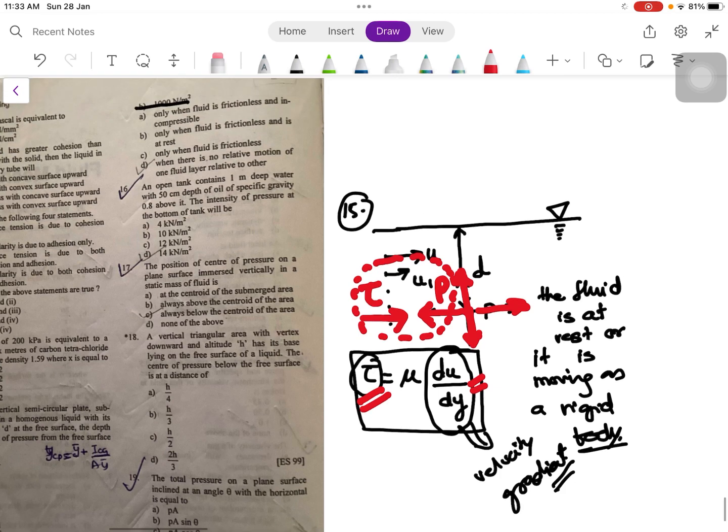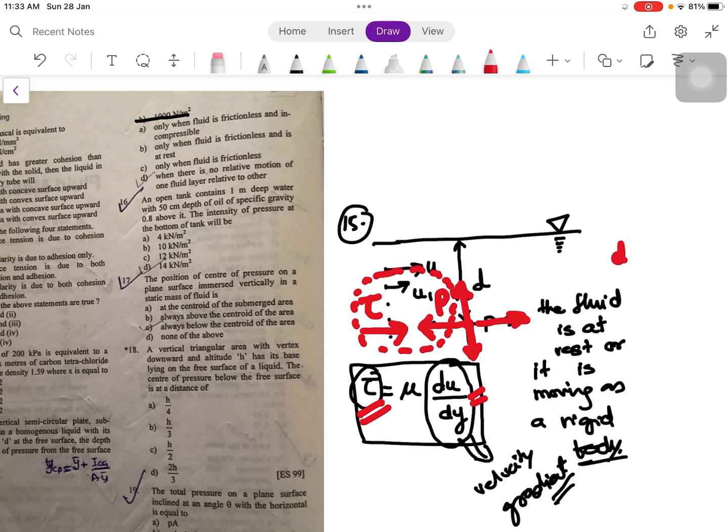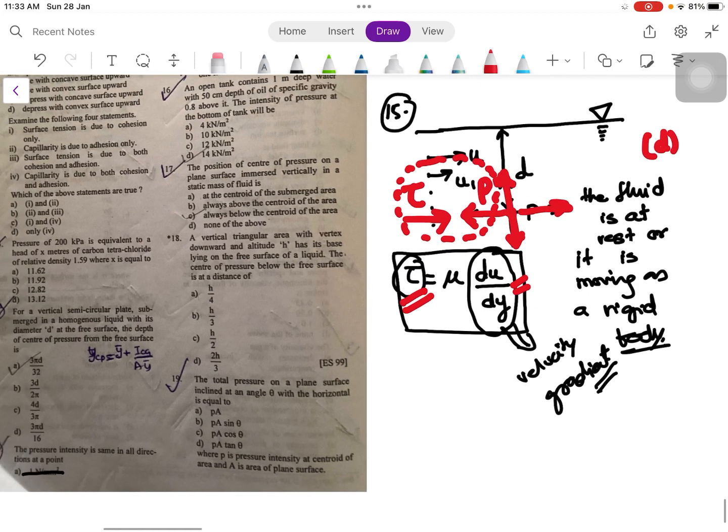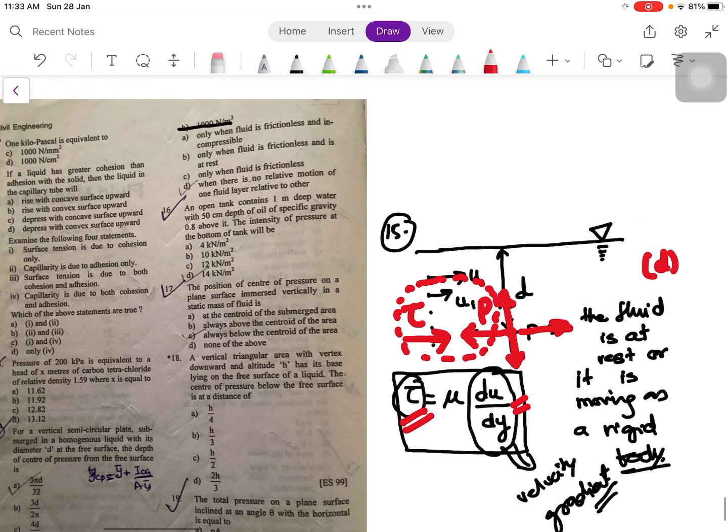So we can take the option D as the answer for this question, which says the pressure intensity is same in all directions at a point when there is no relative motion of one fluid layer related to another. Because if there is relative motion, there is the velocity gradient, and if there is velocity gradient, there will exist a shear stress which will dampen the effect of the hydrostatic pressure in that direction. All right.